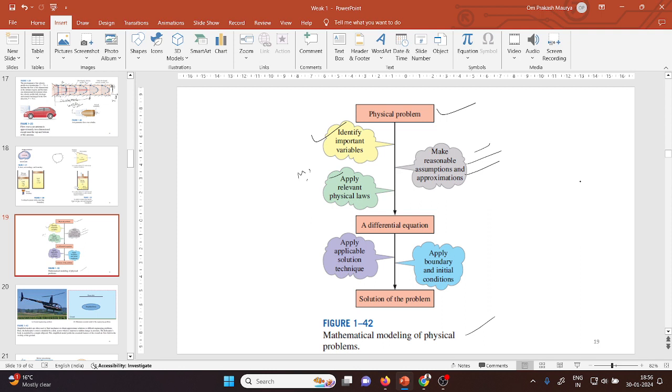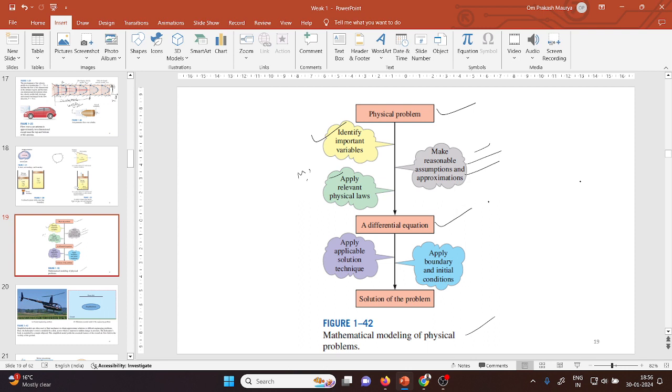After formulating your physical problem, you select the relevant physical laws. Now, using the variables and the physical law, your differential equation will come.